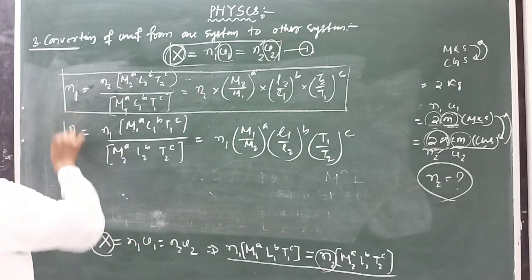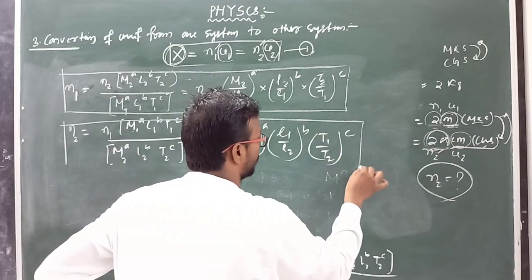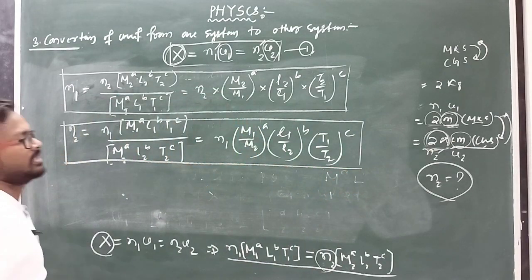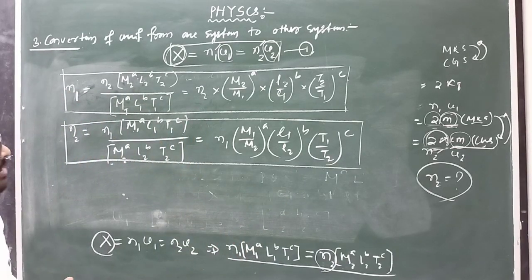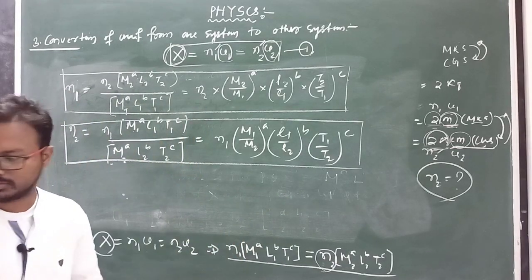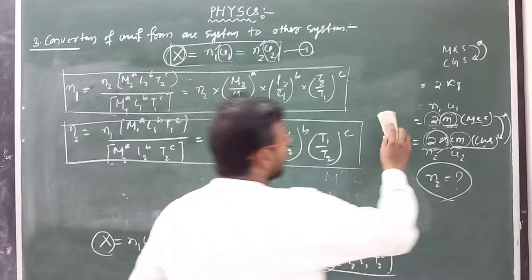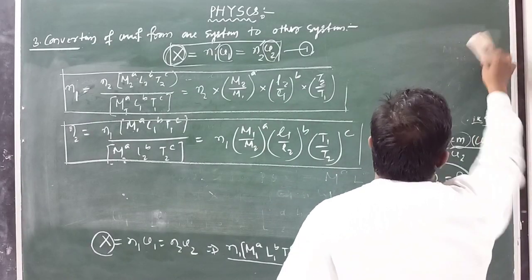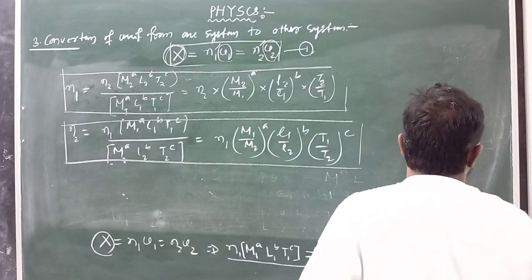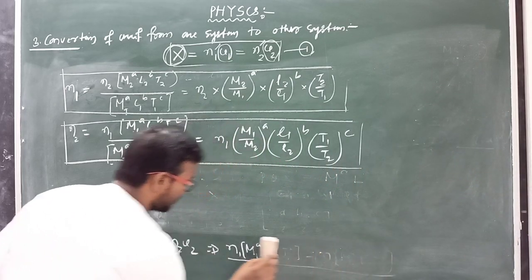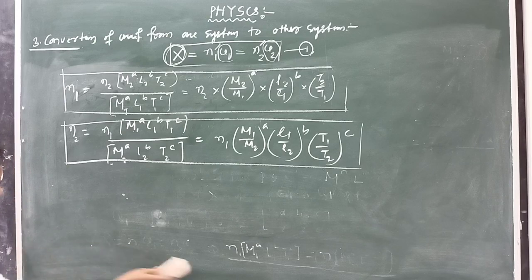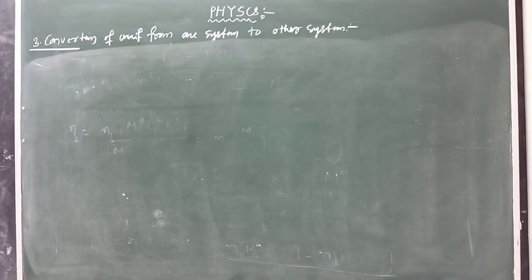Clear? So you have to remember these two relations to find the numerical value of a physical quantity in the first system and second system. By using these two formulas, we convert a numerical value of a physical quantity from the first system to the second system. Clear? Okay.